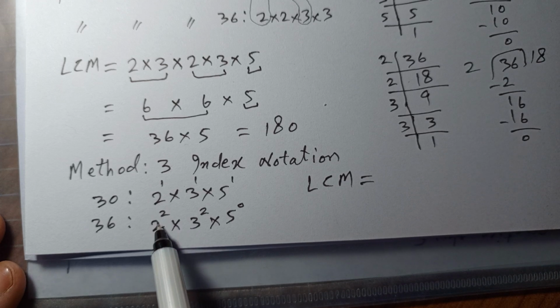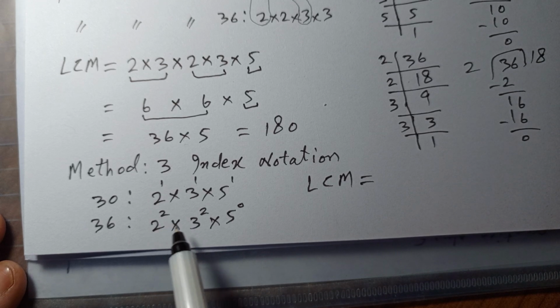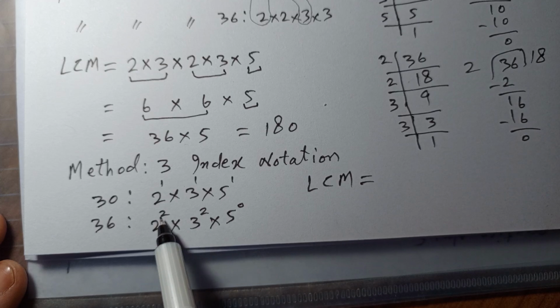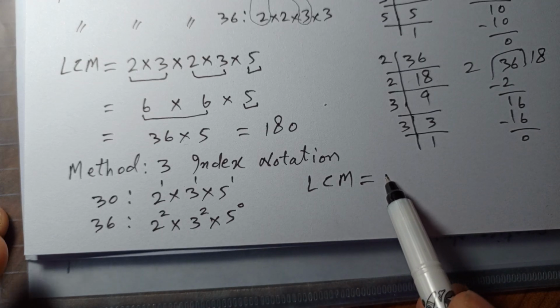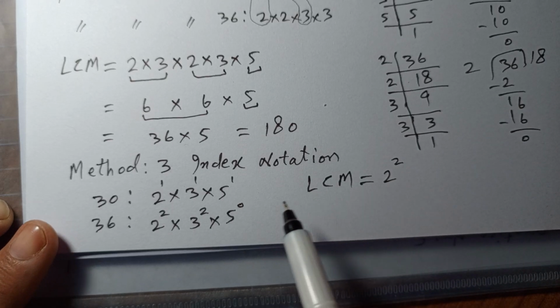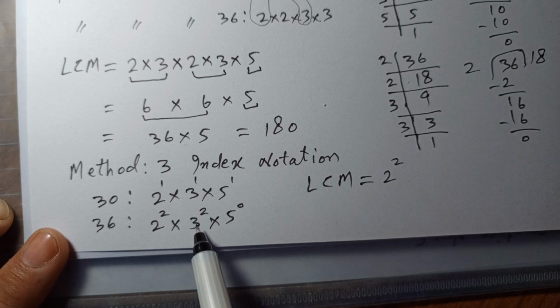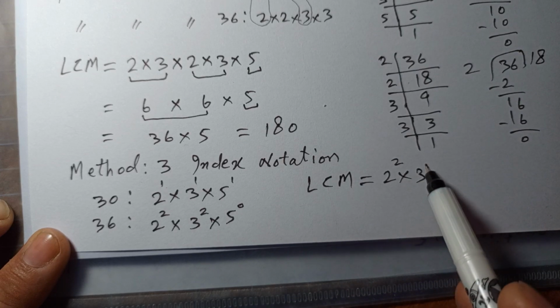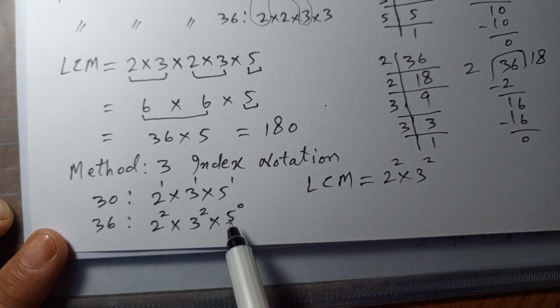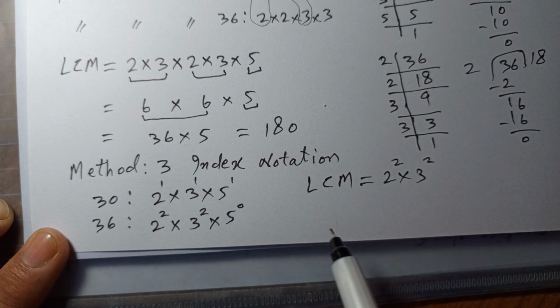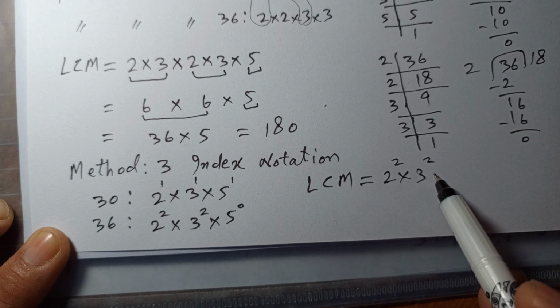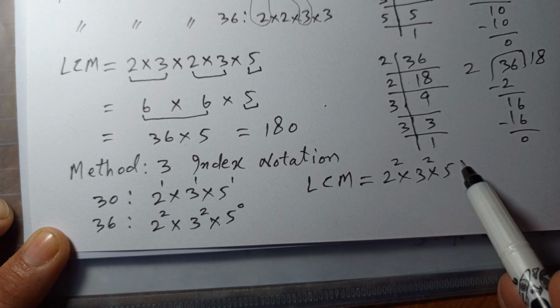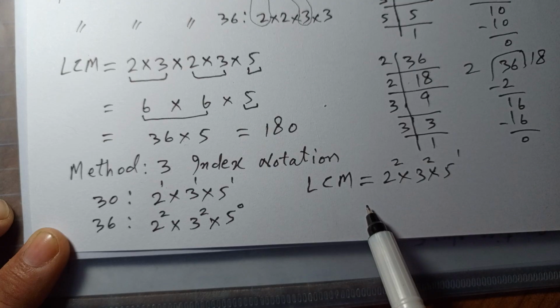See here, from 2's, 2 raised to power 2 is the higher power, so you will write here 2 raised to power 2. Now from 3's, you will see that 3 raised to power 2 is higher, this is lower, and from here you will see that 5 raised to power 1 is higher, not 5 raised to power 0. So you will write 5 raised to power 1 here.